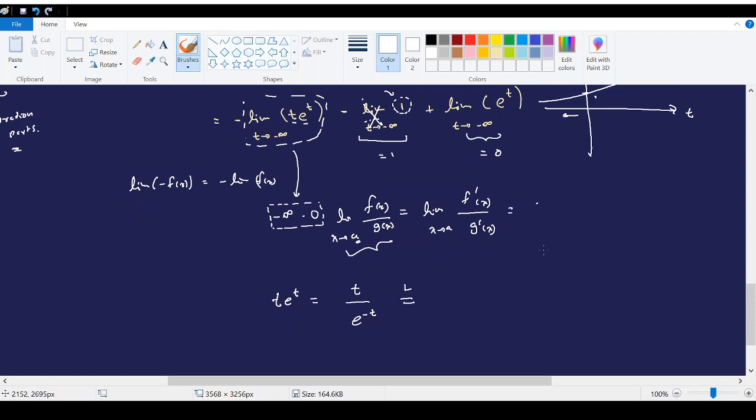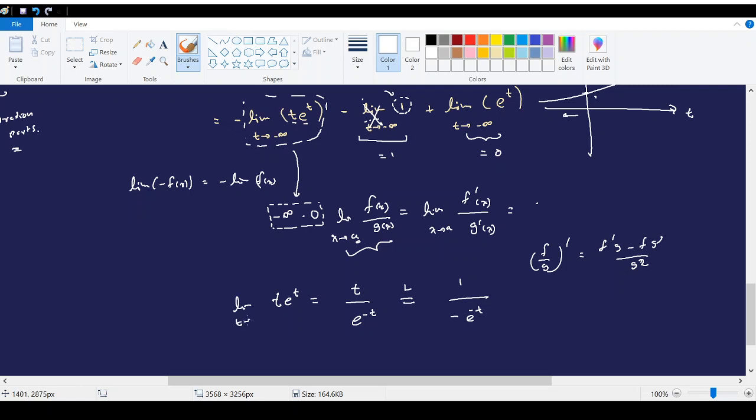Now don't mix it up with the quotient rule of the derivative. The quotient rule says something else, and we are not applying it anywhere in L'Hopital's rule. What we simply do is differentiate the numerator and the denominator separately, and then we get the limit, right?